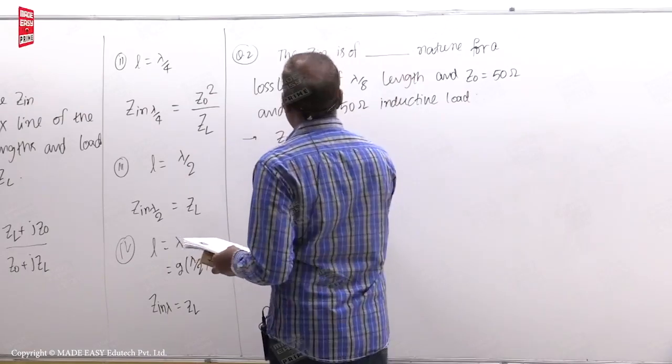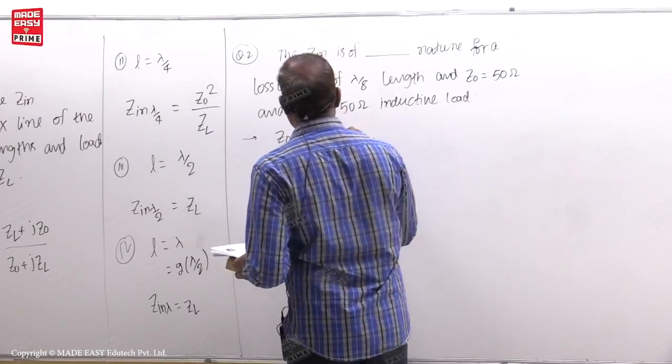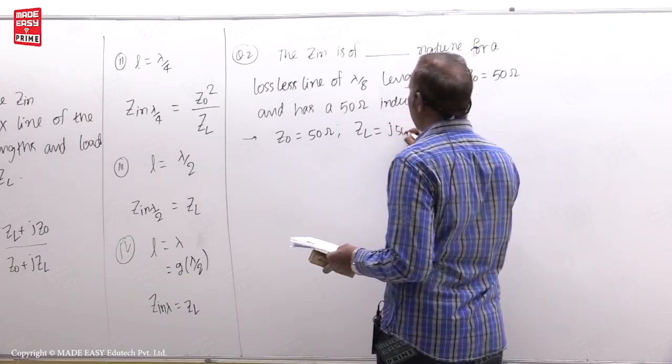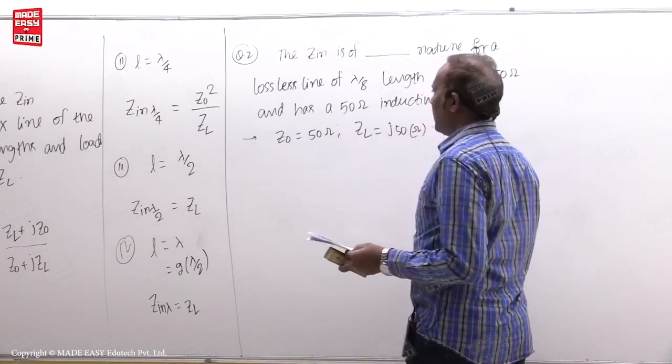That means it is given Z0 is equal to 50 ohm, ZL is equal to inductive 50 ohm, which means j50. That is the meaning.